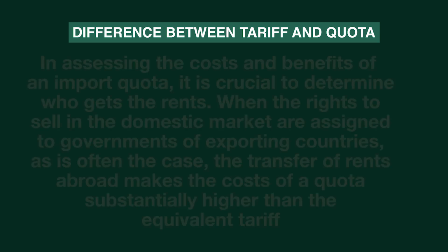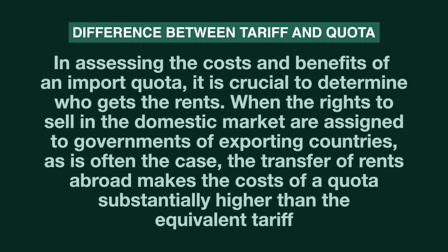Similarly, the government in some cases may assign the power of licensing to the exporting country. In that case, the exporting country gets the benefit of selling the commodity at a higher price.